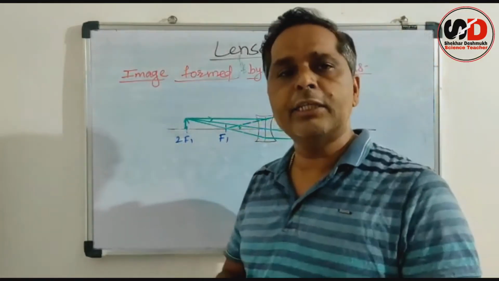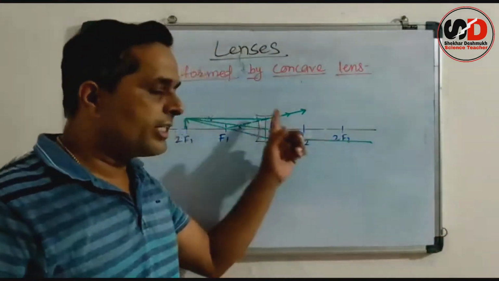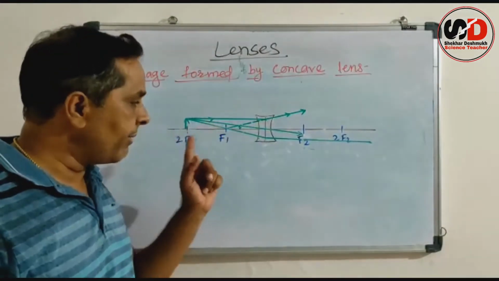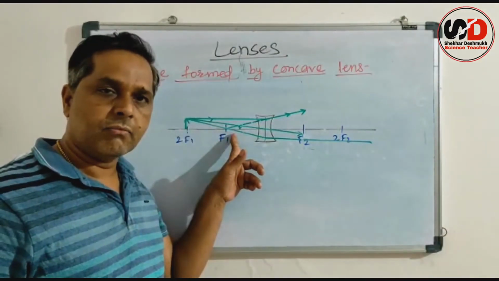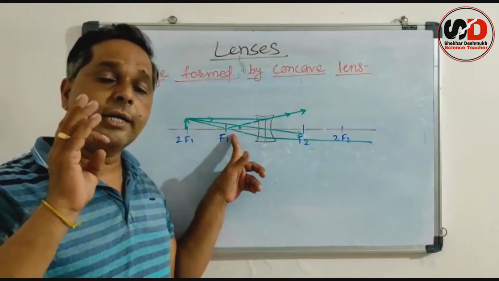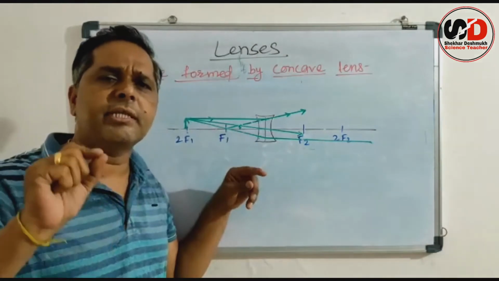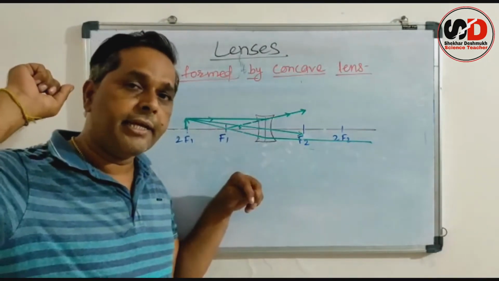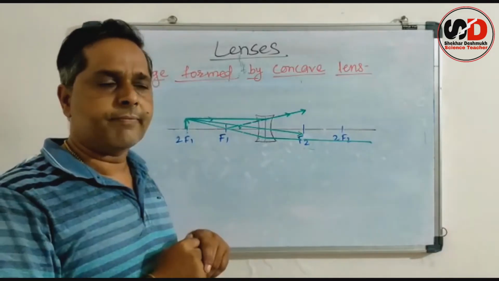So it is very easy to remember in case of a concave lens. If the object is placed at infinite distance, definitely the image is formed on first focus F1. What is the size, what is the position, and what is the nature of the image? Size: it is highly diminished, that means it is very small, a point image. If the object is placed at infinite distance, the image is a very small point image.